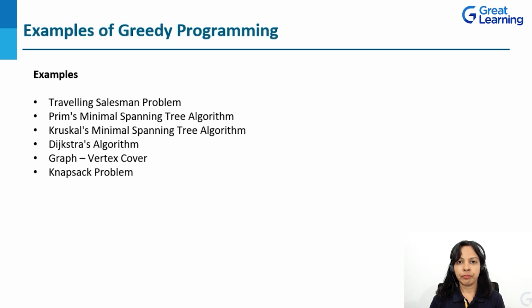Similarly, the knapsack problem is about selecting items with certain weights such that the total profit is maximized and the total weight being carried is minimized. All these problems are solved using greedy programming. That doesn't mean you cannot use any other approach for solving these problems. You can, but using greedy programming, these problems give the most feasible and optimal solution. I hope you understood the examples under greedy programming.